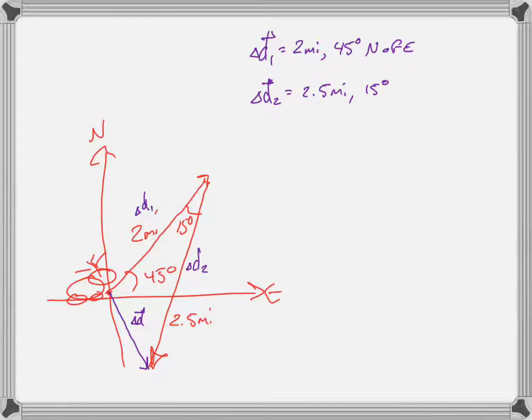Well, that's not relative to our northeast axis, so we can't do that. We have got to put that on an axis. We always have to put each individual vector on an axis in order to write its magnitude and direction or its components.